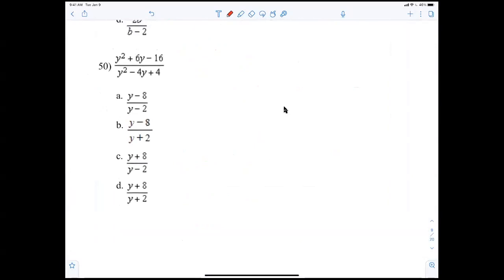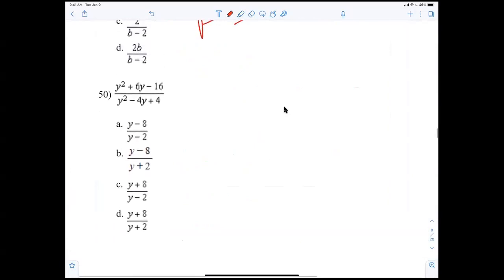All right, now here we go with 50. So again, we're just factoring. So the top factors to, what's the top factoring to? Y plus 8 and y minus 2.